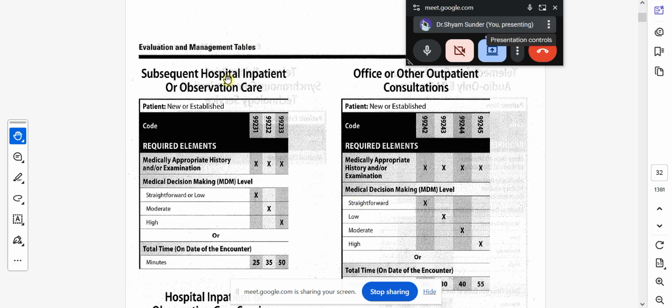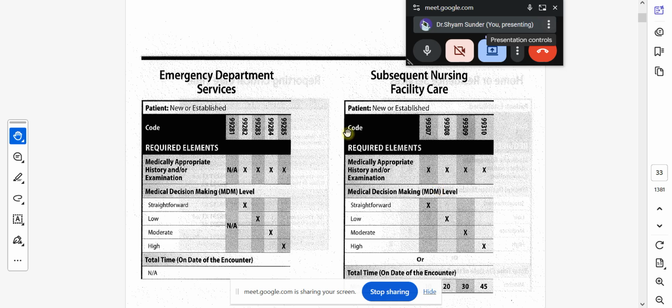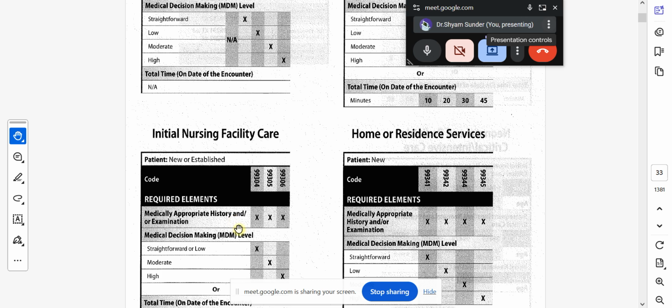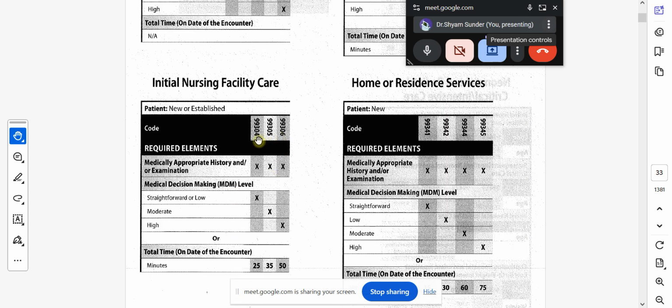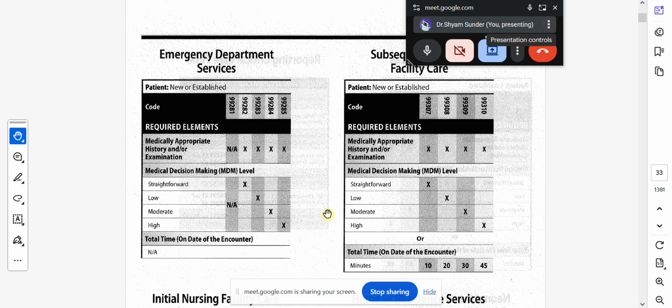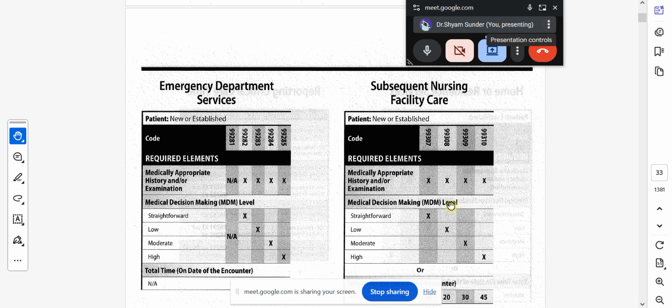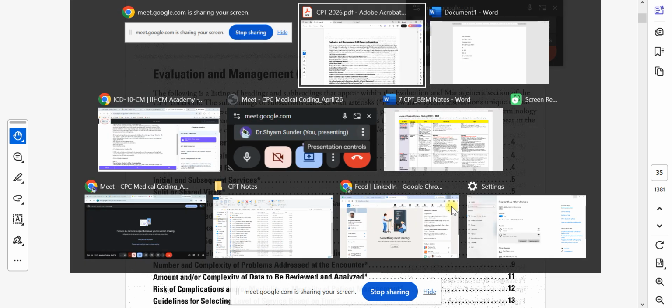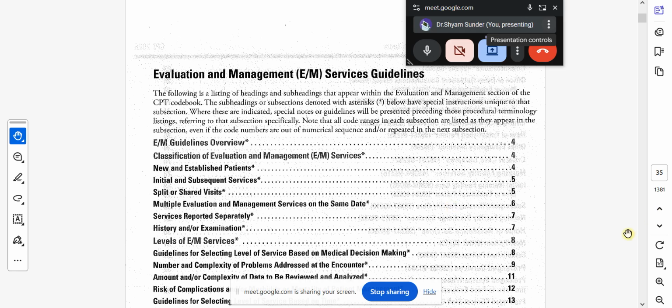Then if it is hospital visits, then you have emergency department, the codes are here. If it is nursing, then like you told, 99304, 305, 306, these codes. So you can use these tables also. Go through these codes initially. They are self-explanatory, most of them.